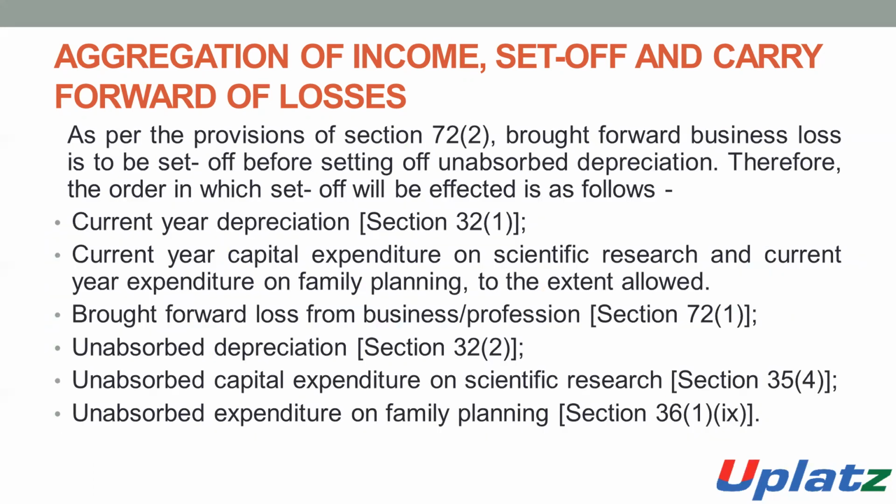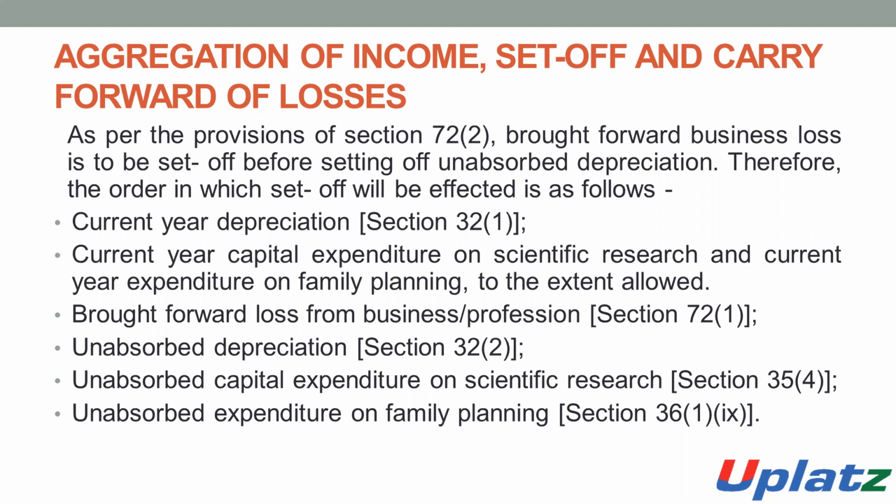So first we will calculate the amount of total income, and from the total income we will reduce current year depreciation. Then current year capital expenditure incurred on scientific research, and current year expenditure on family planning.